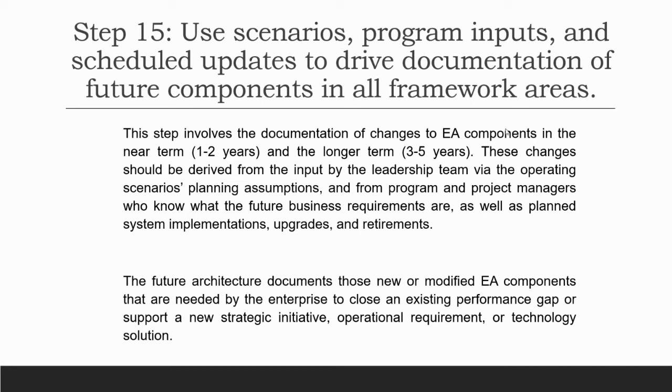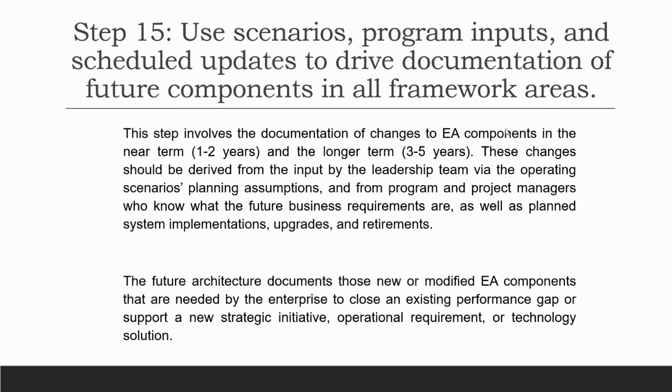Future views of EA components should be created using the same artifact documentation and modeling methodologies that were used to create the present views. This makes it easier to recognize the changes in each of the EA framework's functional levels, which aids in planning and decision making.